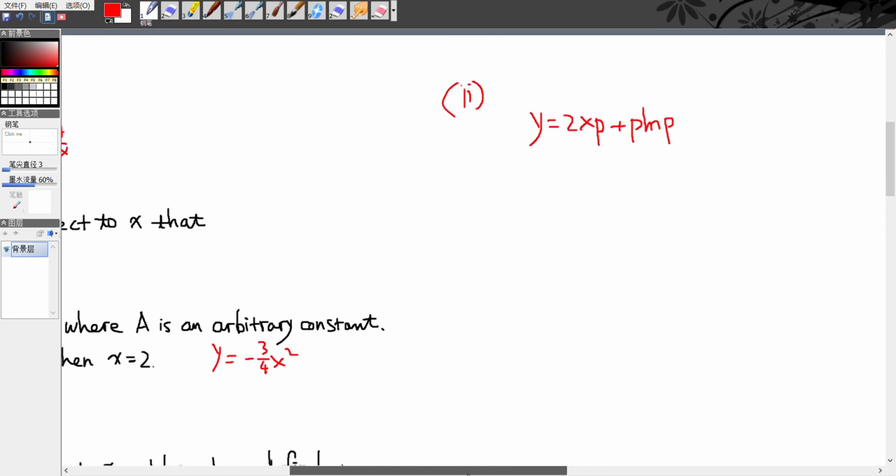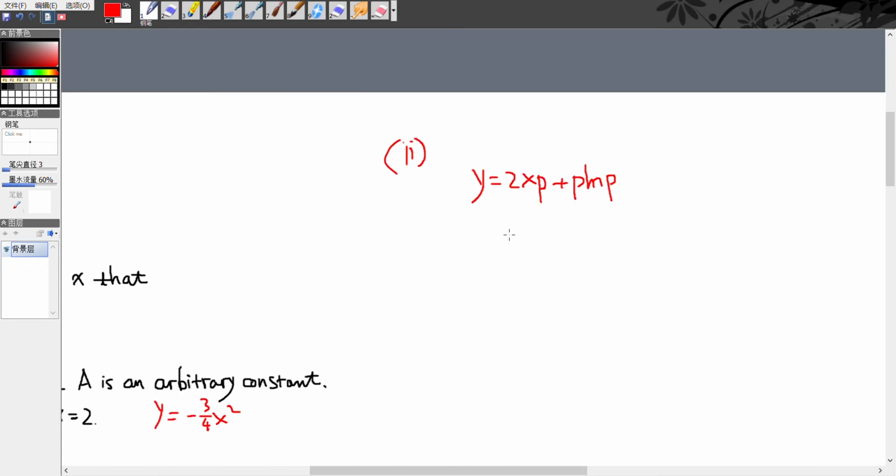So we differentiate y equals 2xp plus p ln p.